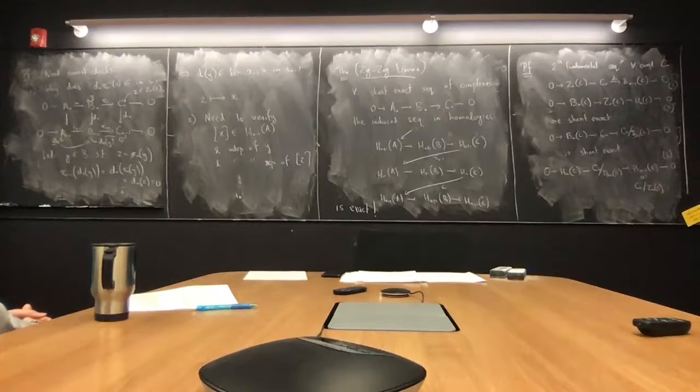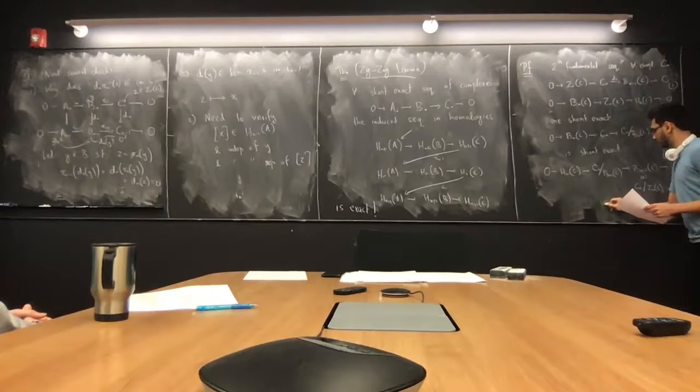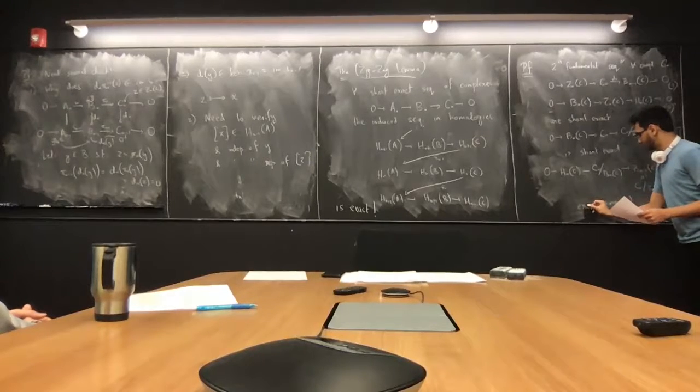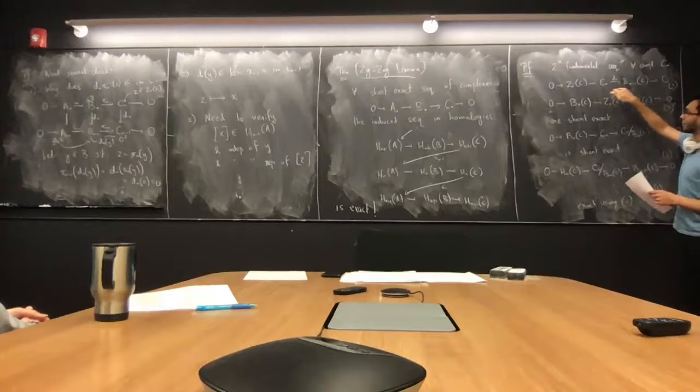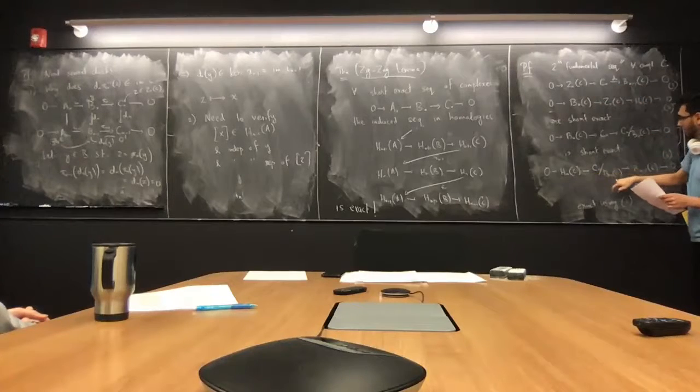Call this 3. It's sort of just taking the sequence and modding out these two by Bn(C).